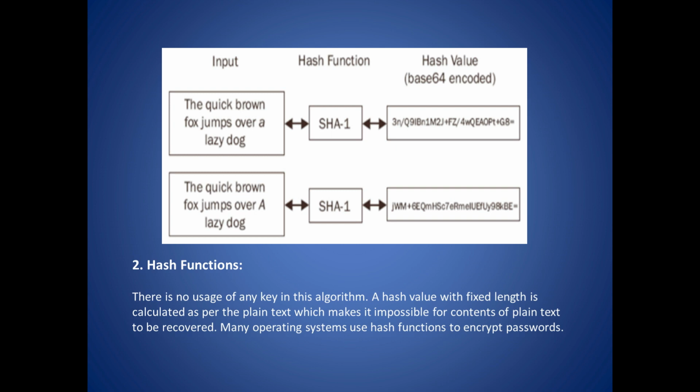A hash value with fixed length is calculated as per the plaintext, which makes it impossible for the contents of the plaintext to be recovered. Many operating systems use hash functions to encrypt passwords. So one example has been given here of how a hash function works.